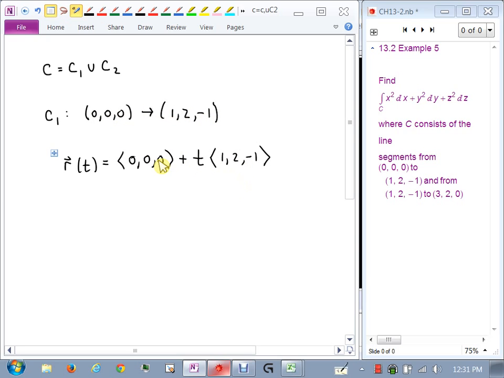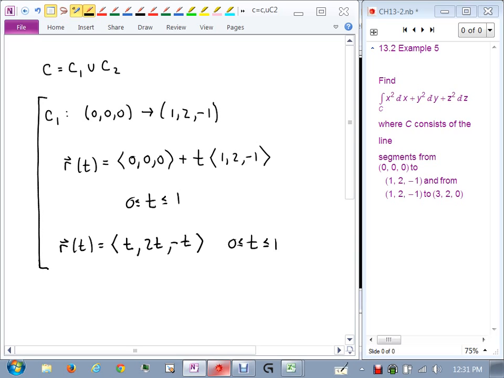And the restriction on t is 0 to 1. So r of t is really just (t, 2t, -t), t from 0 to 1. That's what's happening on curve 1.